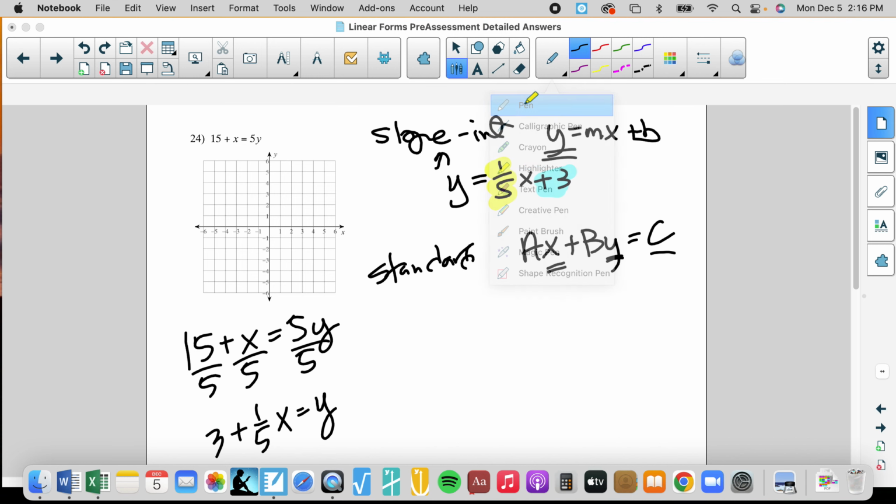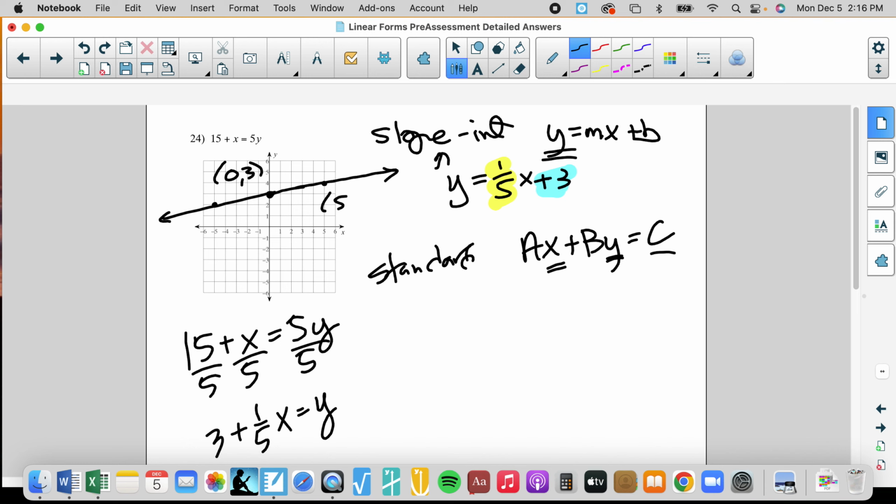Y-intercept of 3, slope of up 1, right 5, down 1, left 5. So that graph looks like that. These coordinates are 0, 3, this is 5, 4, and this is negative 5, 2.